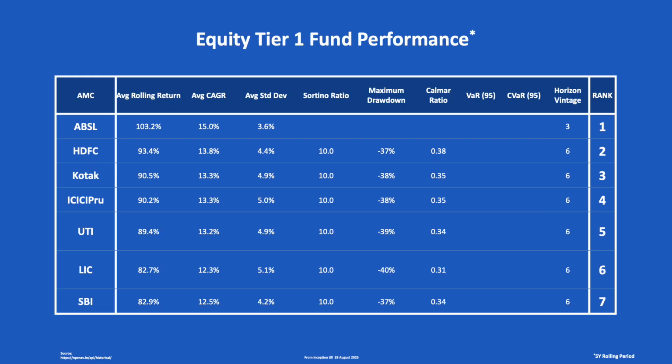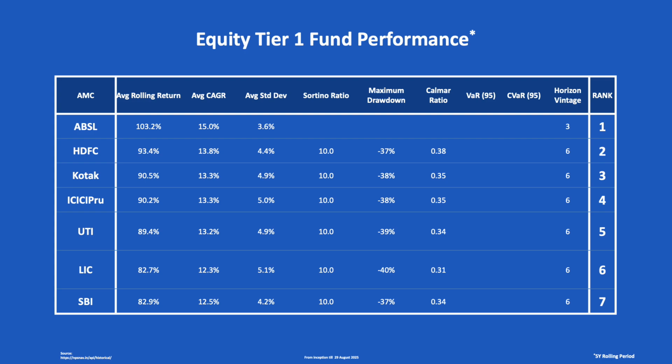Now, this is how the equity tier 1 fund performance looks like, considering a 5-year rolling window. Of the available AMCs, only seven AMCs have comparable data for a 5-year window. Of this, ABSL is ranked one, followed by HDFC, and then followed by ICICI Prudential.